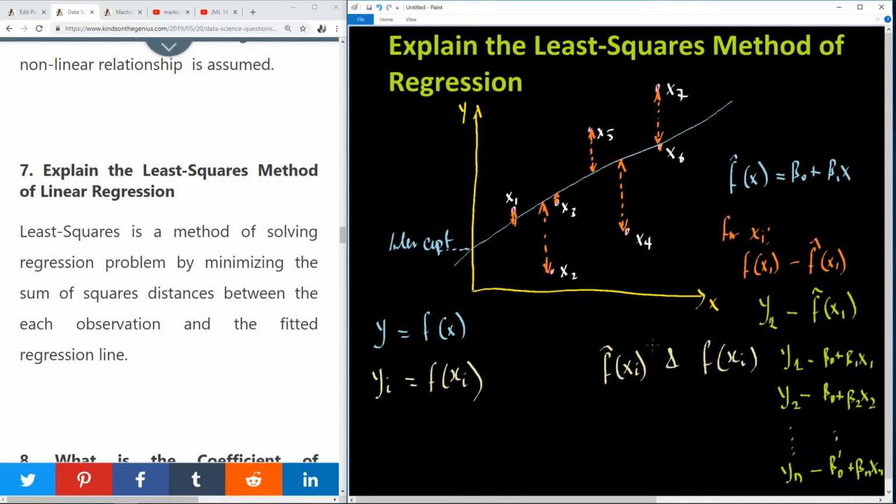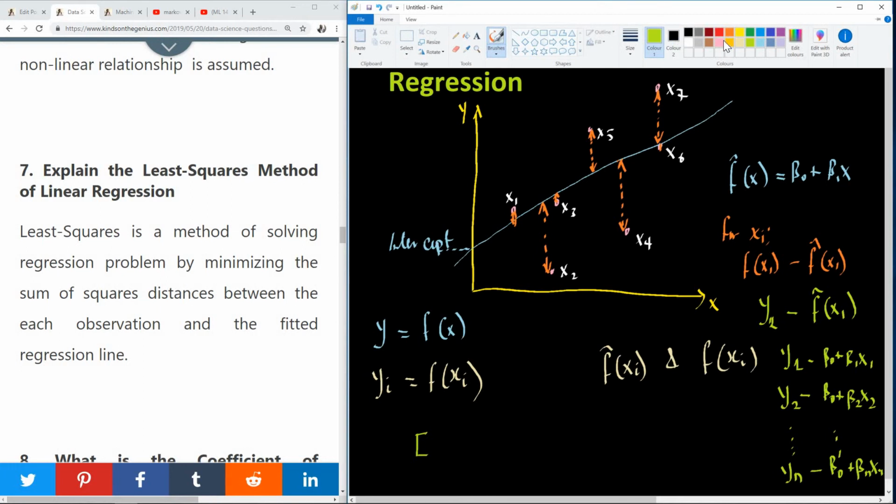Now, in the case of the least squares method, we are trying to take the total sum of all of these, and then we are going to square them. If we did not square them, the negative would cancel out the positive, and maybe we'd have 0. But since we square them, we ensure that we are capturing all the distances. So we will have an error. Let's call it E. I'm going to use red because that is error.